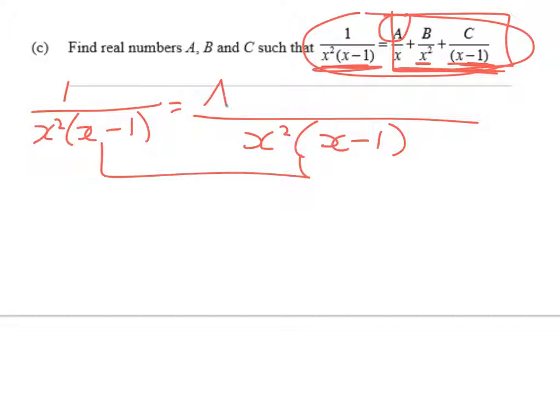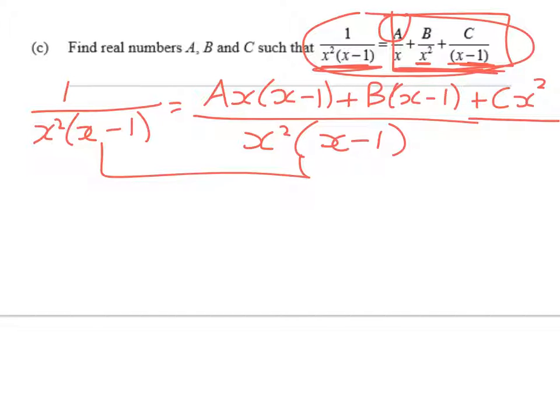So what do I have to do to a to have this common denominator? Well, I have to go a times x minus 1 plus b, well it's already b over x squared, so it's going to be b times x, oh sorry, something going funny with the app, b times x minus 1 plus c times x squared.